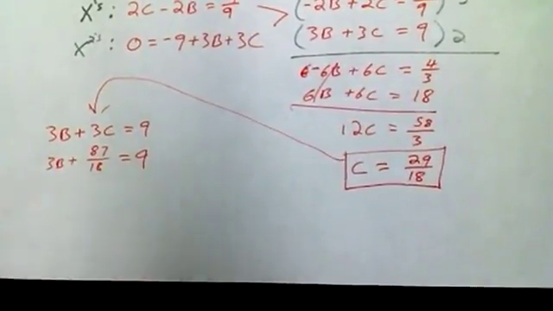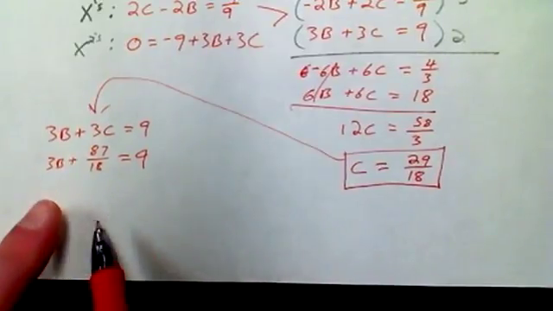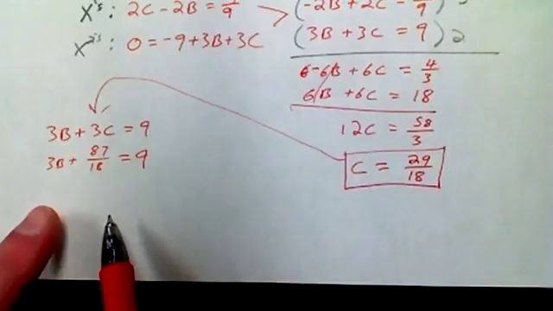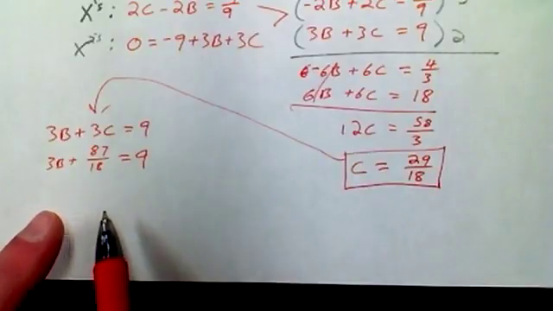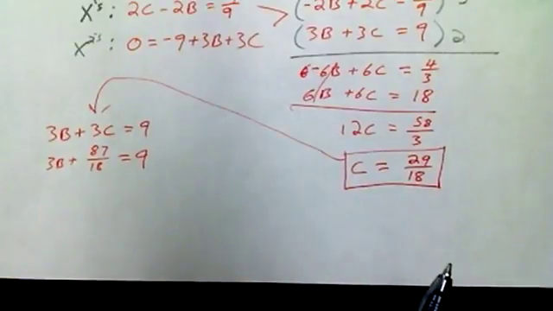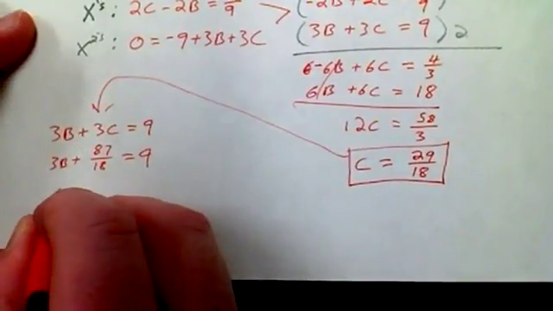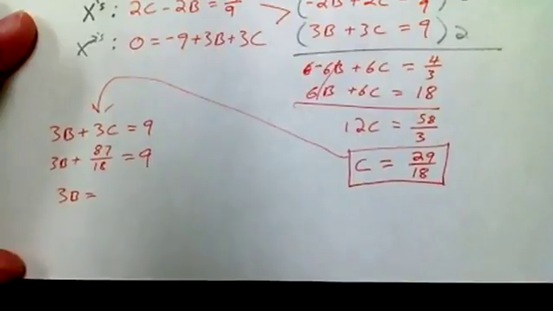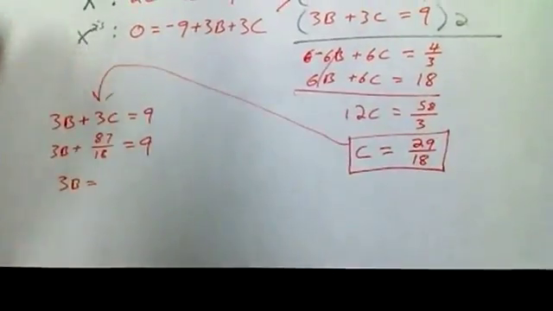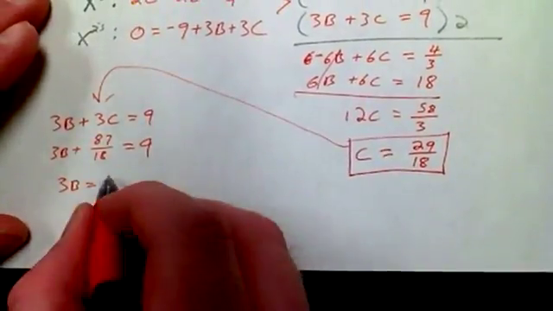If I subtract 87 over 18 off and I get my common denominators and all that fun stuff, long story short, I should end up getting 3b is equal to 75 over 18.